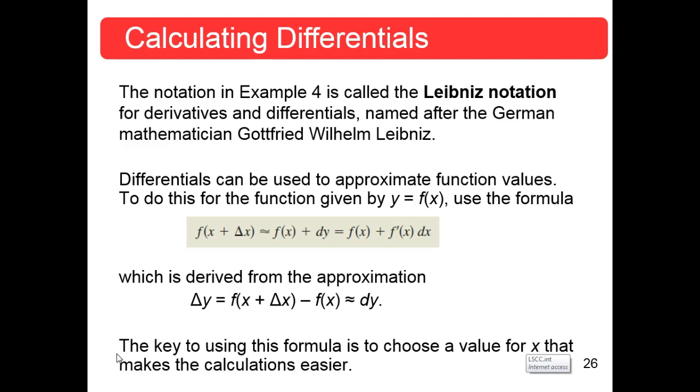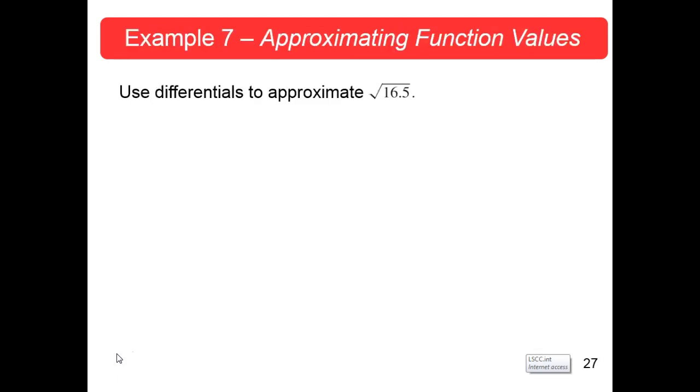That's derived from the approximation delta y equals f of x plus delta x minus f of x, which is approximately equal to dy. The key for using the formula is to choose a value for x that makes the calculations easy. Okay? That's the key. Choose the x that makes it easy.